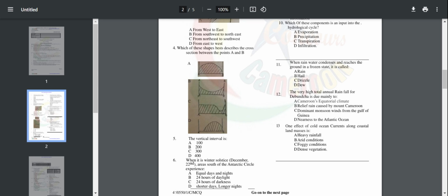Question 12. The very high total annual rainfall for Devonshire is due mainly to?